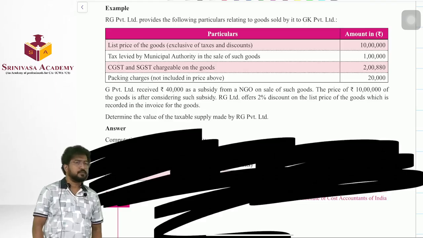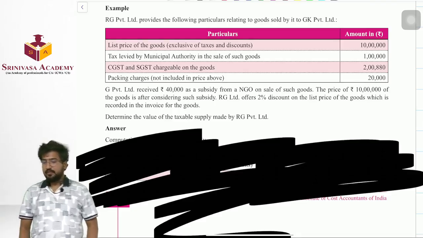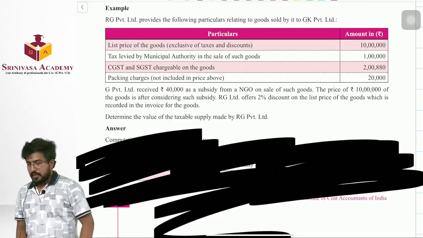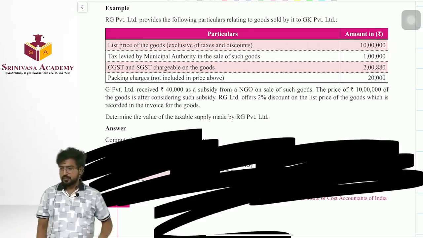Exactly 1 lakh. 2 minutes. Online students, waiting for the answers. I will definitely send this notes PDF, don't worry. All the notes PDFs you will get. Don't worry.